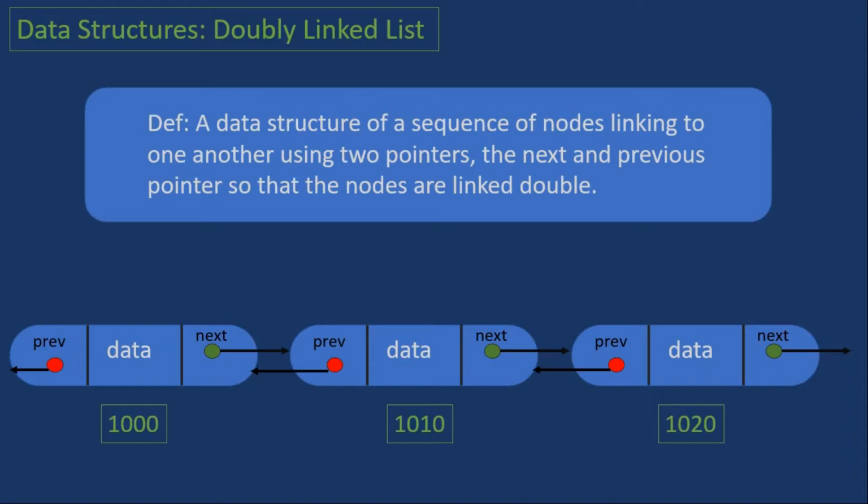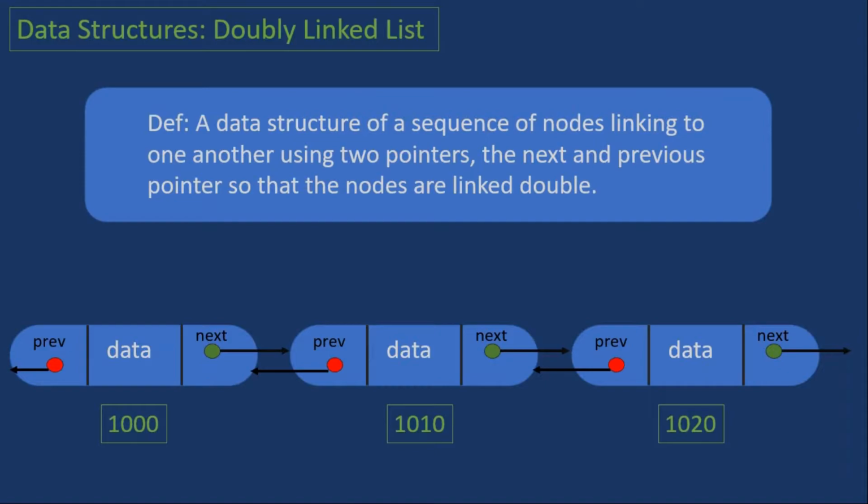So consider a node at memory location 1010. It can store data and has a next pointer pointing to 1020, the memory location of the next node, and the previous node pointer pointing at 1000, which is the memory location of the previous node.